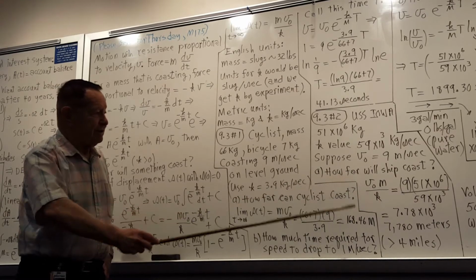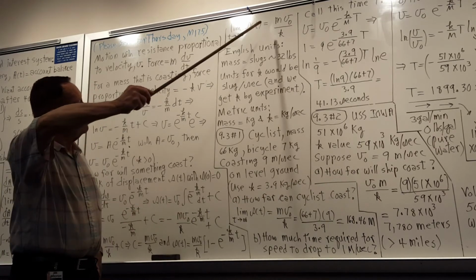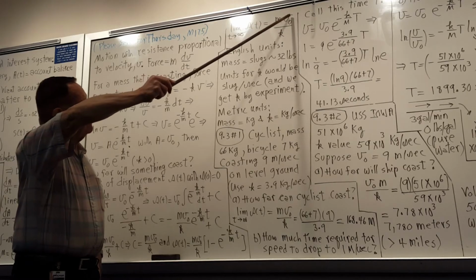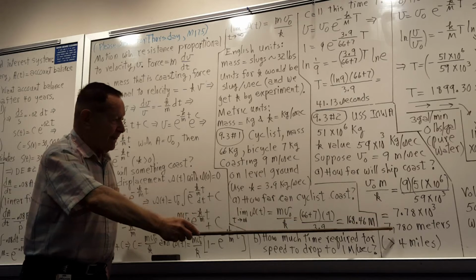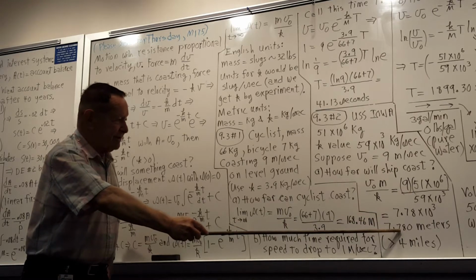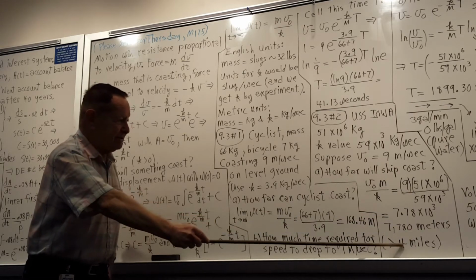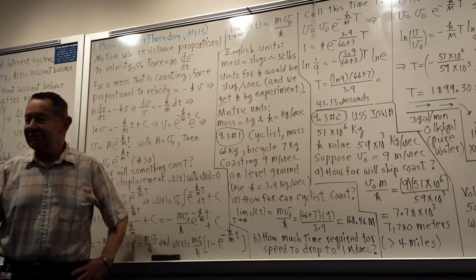So how far would such a thing coast? You put your mass and your 9 and your K value in there, and you get 7,780 meters, which is more than 4 miles.